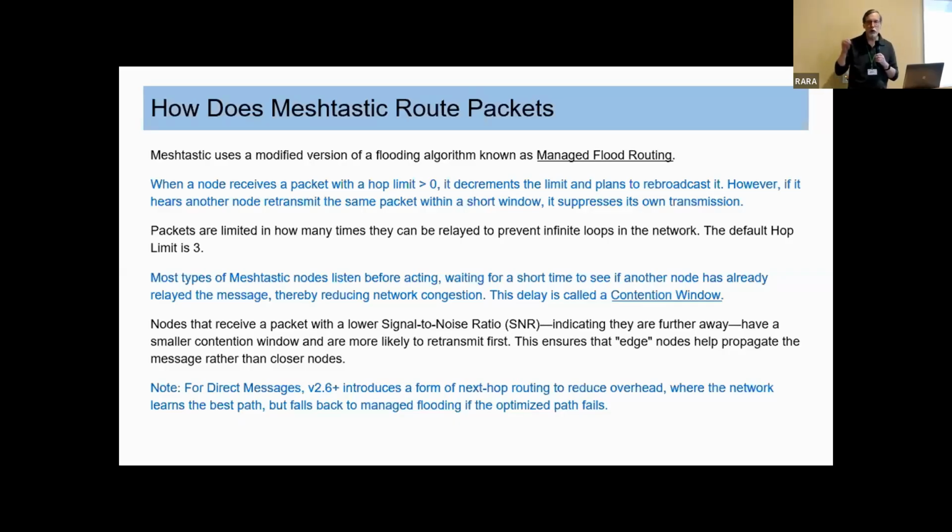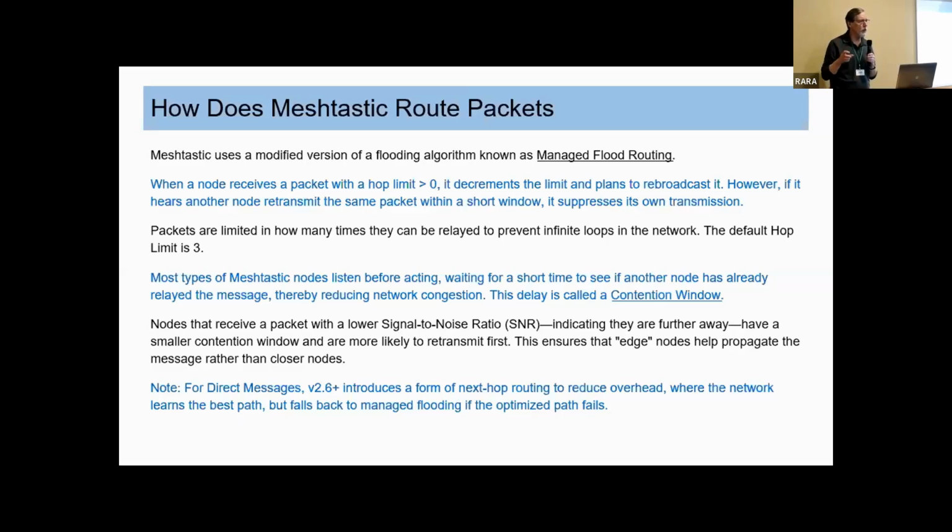And the stronger the signal, the longer it waits. Because what it really wants to happen is for the node further away geographically to be the one that retransmits, because that gives you a bigger reach in your network. Instead of one city block, it could be 15 miles.